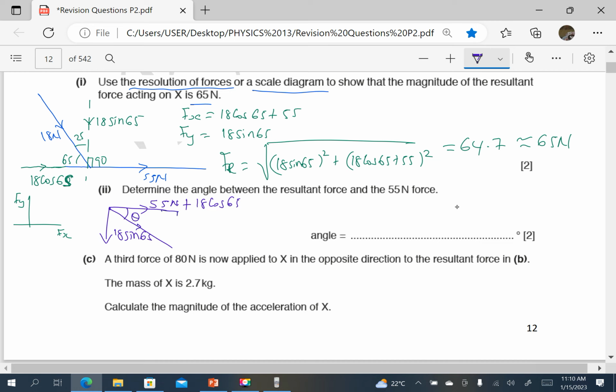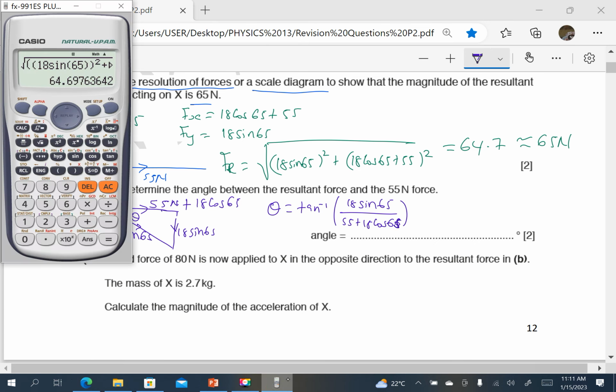So opposite over adjacent, that is tan. Therefore theta is the tan inverse of the opposite, 18 sine 65, over the adjacent, 55 plus 18 cos 65.